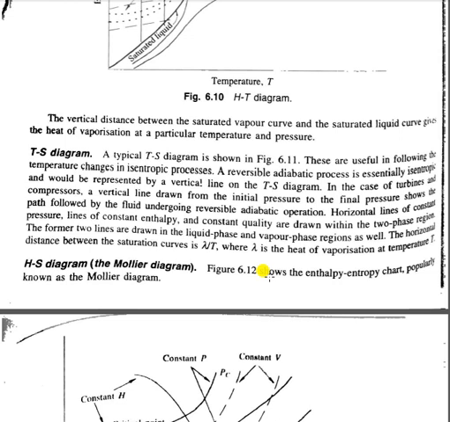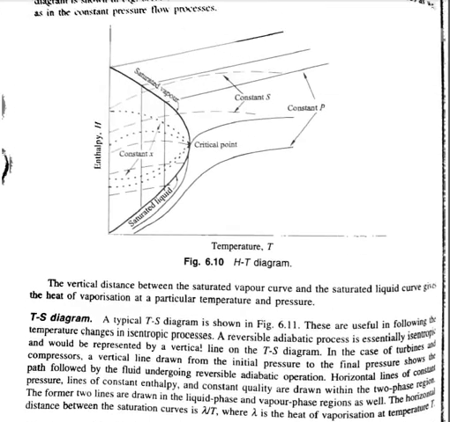So it is saturation. So it goes like lambda by T, where lambda is the heat of vaporization at temperature T. So this indicates the HT diagram.